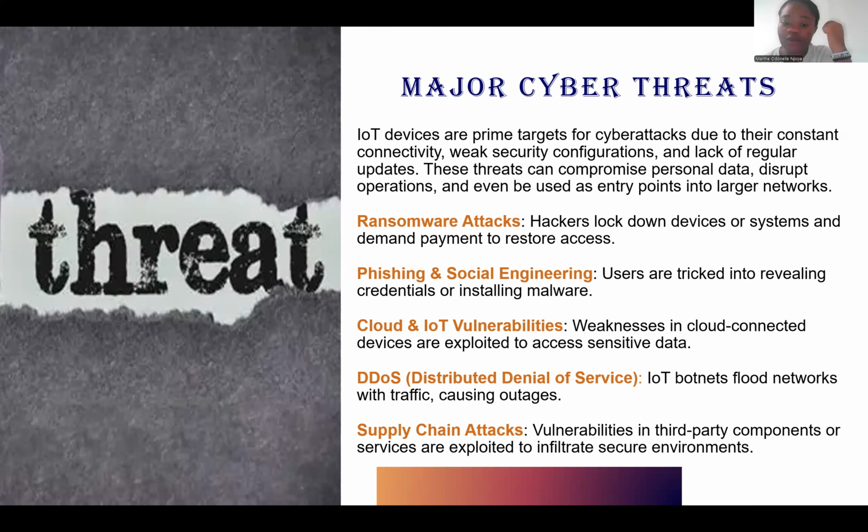And then we also have DDoS, which stands for distributed denial of service. IoT botnets flood networks with traffic, causing outages. And finally, we have supply chain attacks, where a vulnerability in a third-party component or service is exploited to infiltrate secure environments.